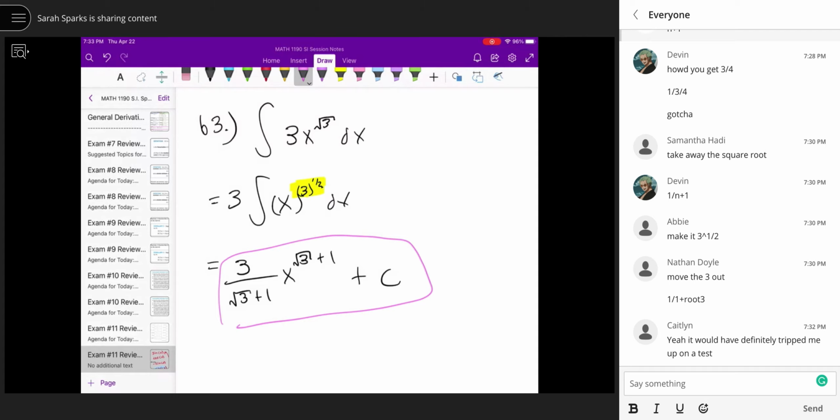If it's a variable raised to any number, you can use the power rule, right? Even if that root 3 was like a natural log of 2, we would do the same thing.